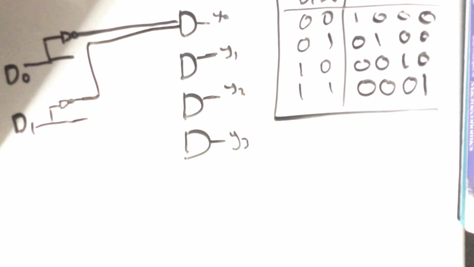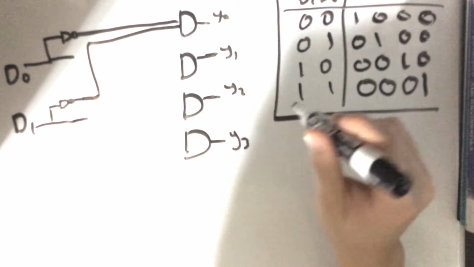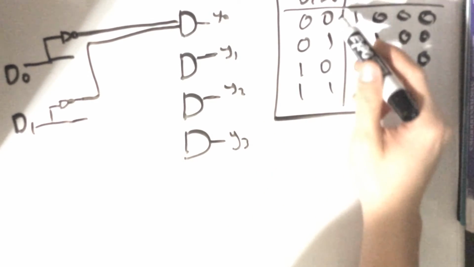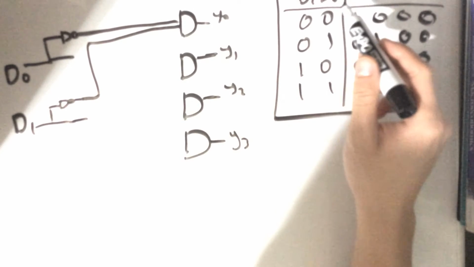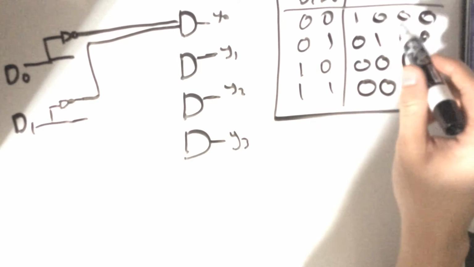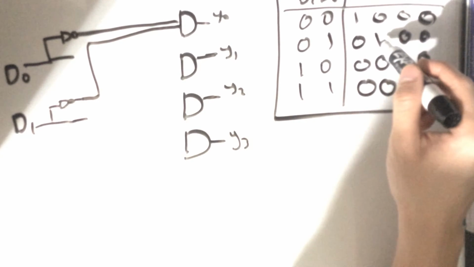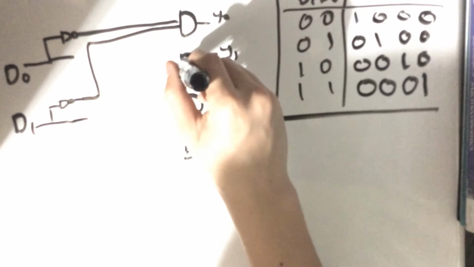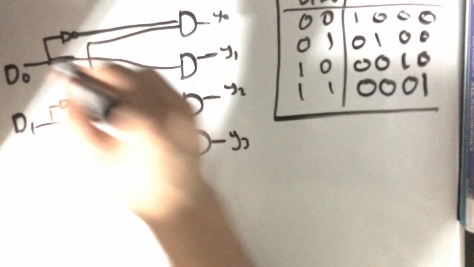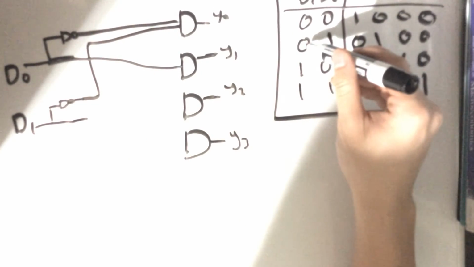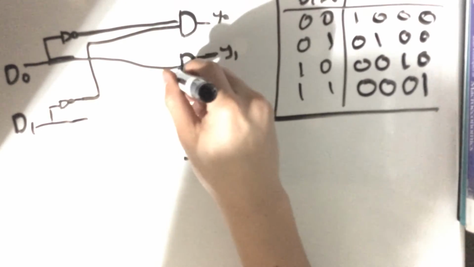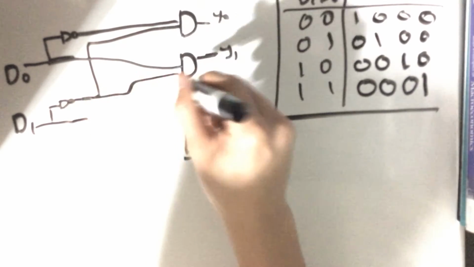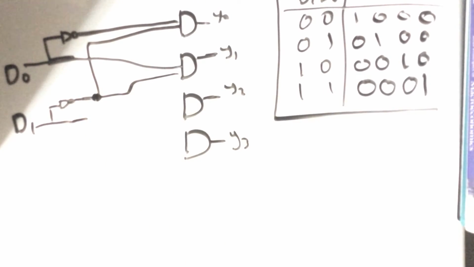When Y1 is set, D0 is going to be set to 1 and D1 is going to be set to 0. And that is how we do that.